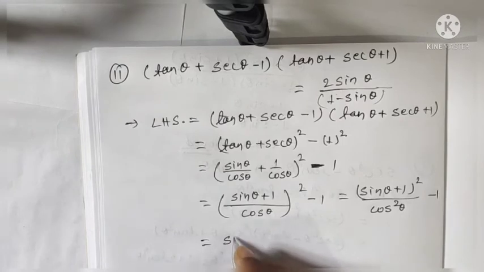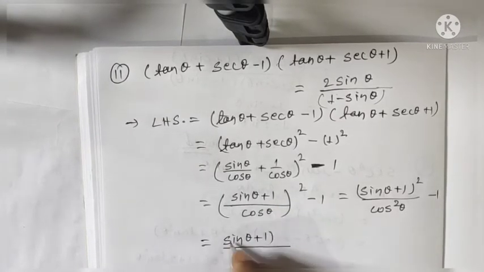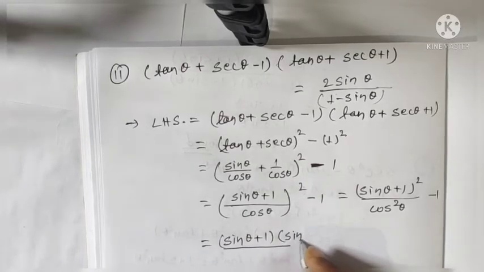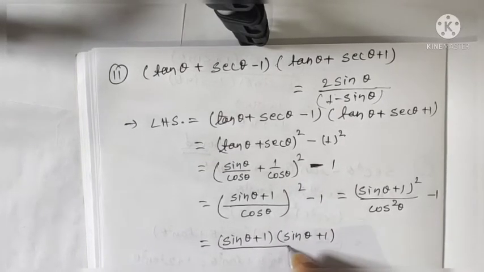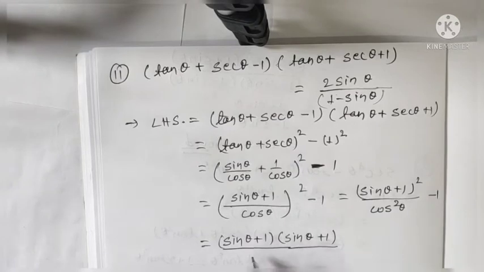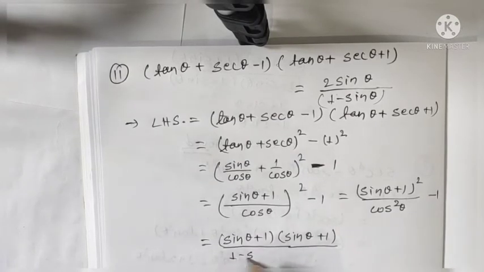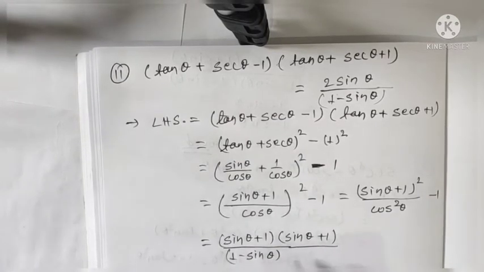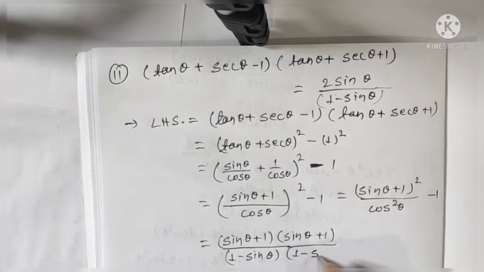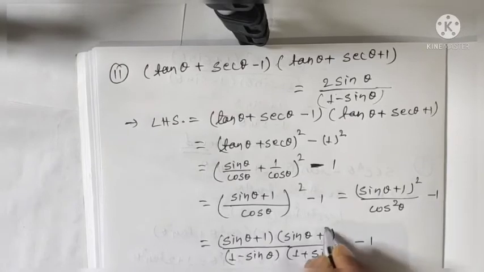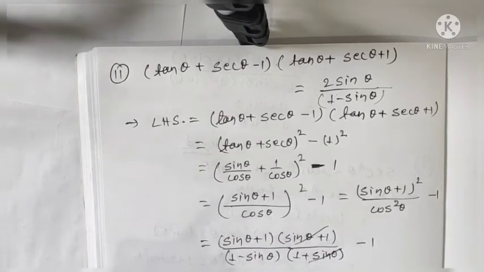Now it will be (sin theta plus 1) into (sin theta plus 1) divided by cos square theta, which is equal to 1 minus sin square theta, and 1 minus sin square theta is equal to (1 minus sin theta) into (1 plus sin theta), because it is in the form of a square minus b square, and then minus 1. So 1 plus sin theta and sin theta plus 1 cancel each other.